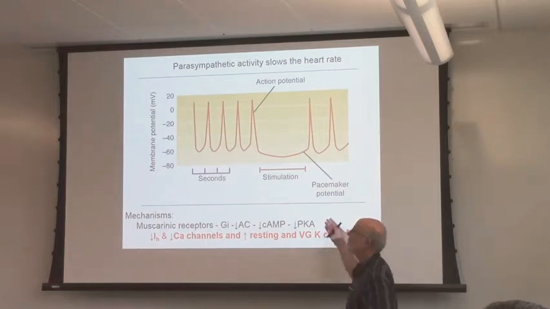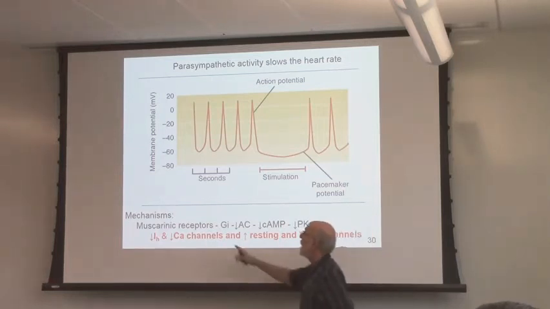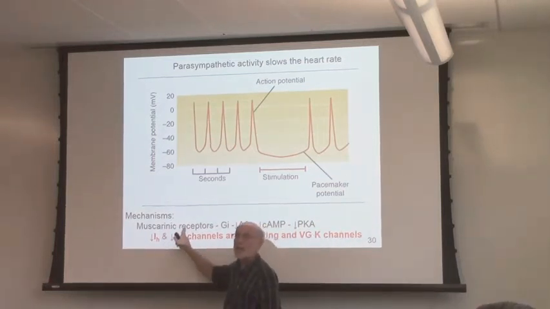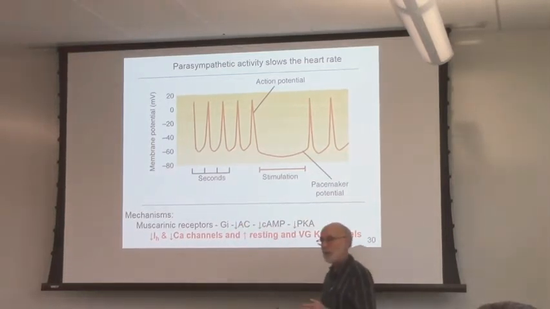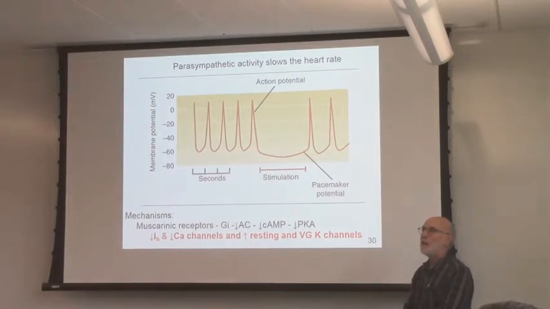We'll mimic the parasympathetic nervous system by applying acetylcholine, the agonist of muscarinic receptors. We can't activate the parasympathetic nervous system, but we can simulate it with acetylcholine. So that's what you're going to see in lab today, and hopefully the frogs that we get will cooperate. Their hearts will show us what we expect to see.